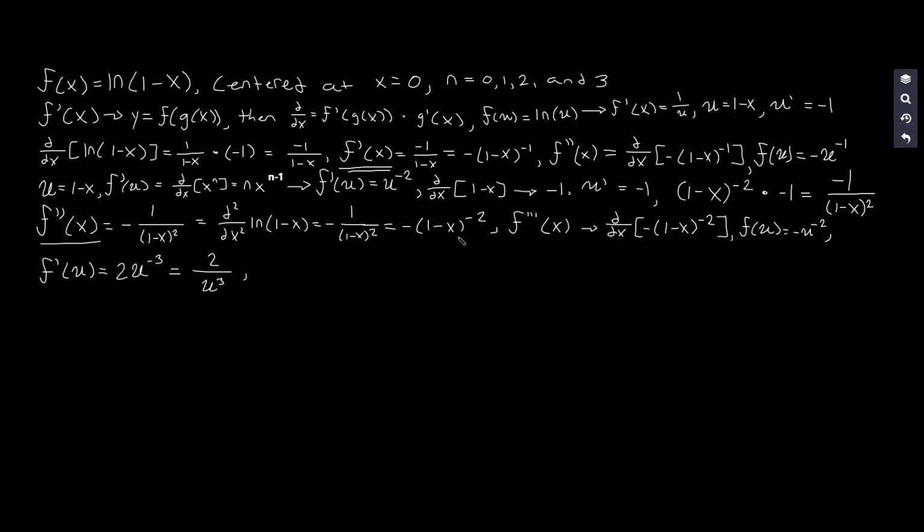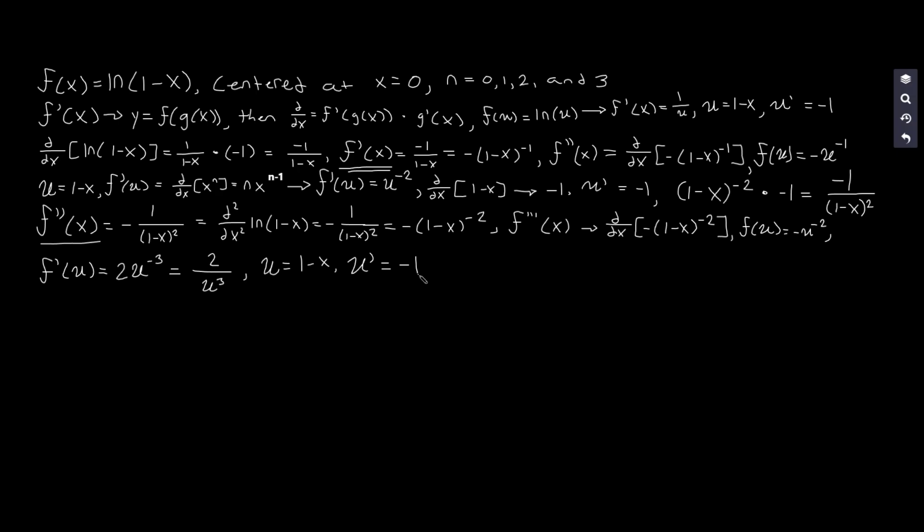So we got 2 over u raised to the third, and we know that the inside function is 1 minus x. So I'm going to set u equal to 1 minus x. Find u prime, which is going to be 0 minus 1. So that's going to be negative 1.